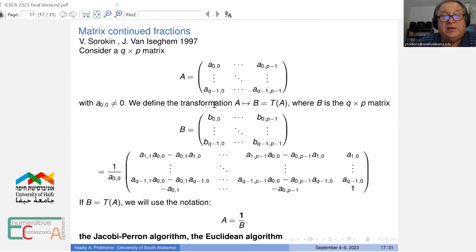I use this transformation that's written T and apply these formulas to get this matrix continued fraction representation. This representation is a translation of the classical Euclidean algorithm, which corresponds to the case P equals 1, Q equals 1, and the Jacobi-Perron algorithm for the vector case when P is greater than or equal to 1 and Q equals 1.